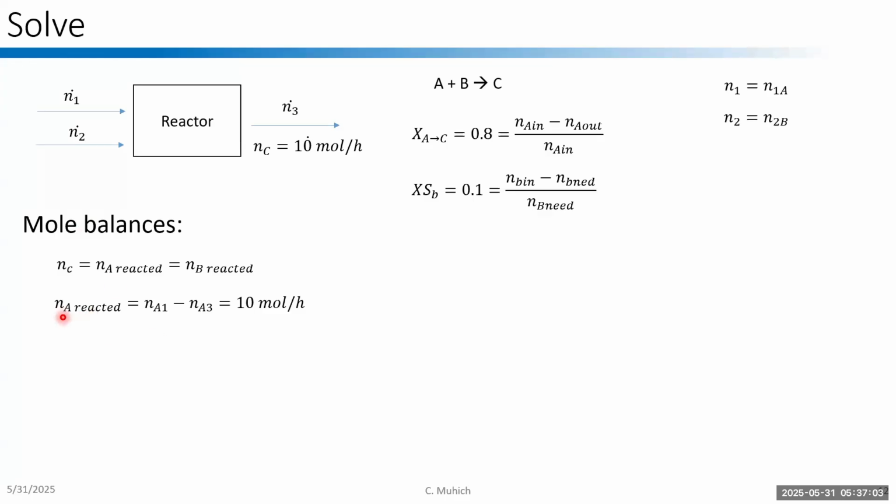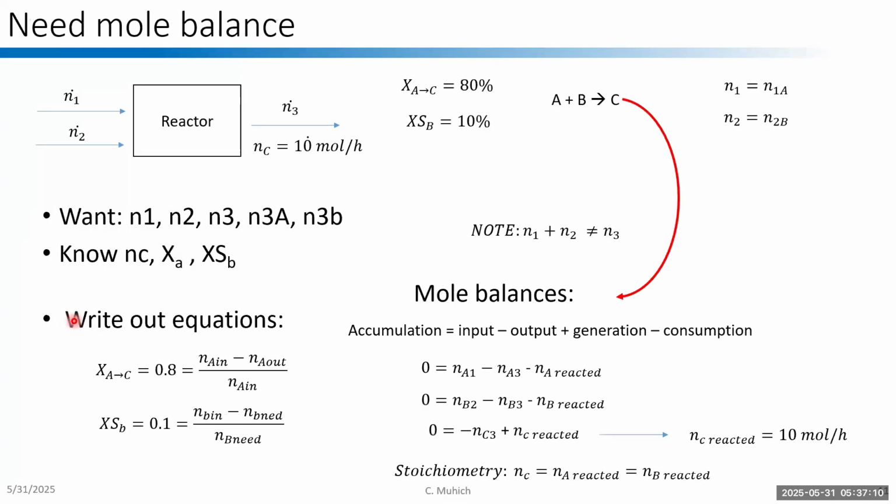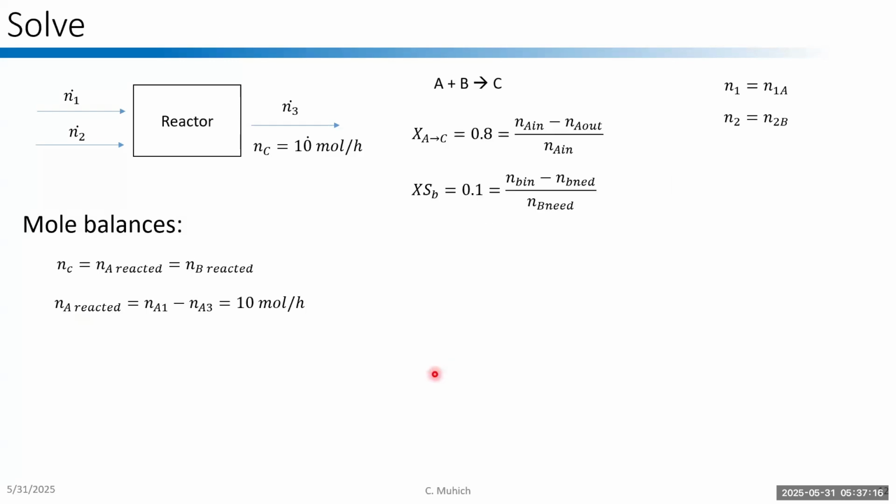Let's start plugging them in. I can rearrange this to get the number of moles reacted on the other side. And so the number of moles of A reacted is the number of moles A in minus the number of moles A out, and we know that that's 10.